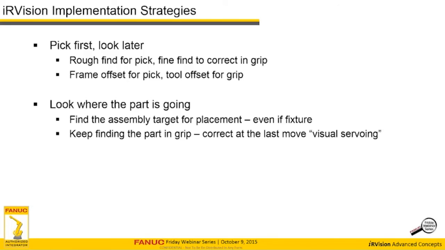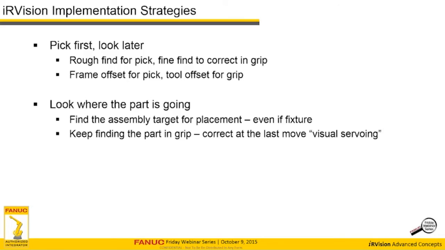And then one last word about finding the part in grip. Keep finding the part in grip. Another technique that's very successfully used is to continually find that part in the grip and correct for the position at the last move. In other words, look at the part as it moves at various stages towards the placing position, and then as it gets to the point of no return, we might call it, look at it one last time and make a final correction.